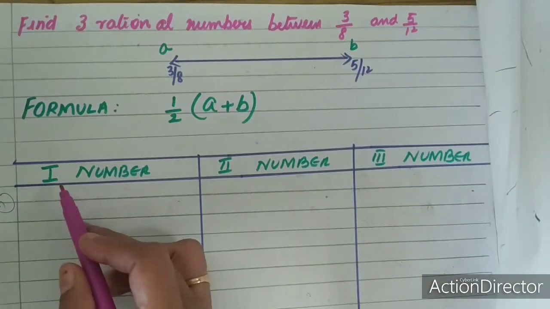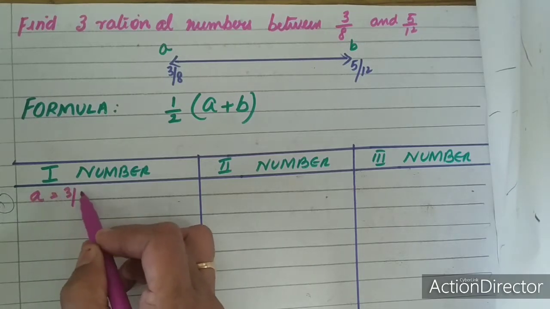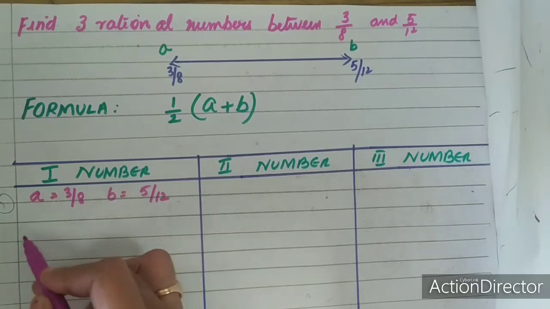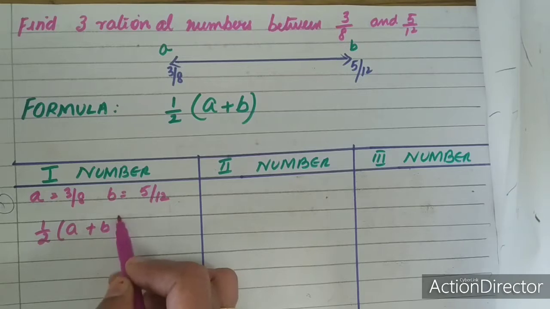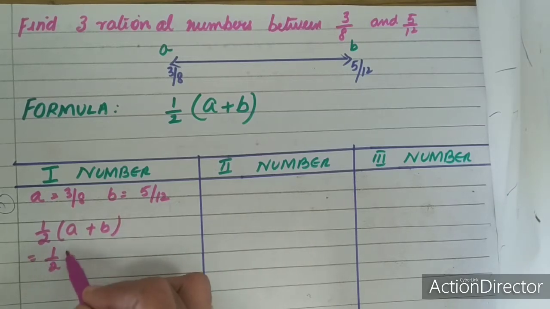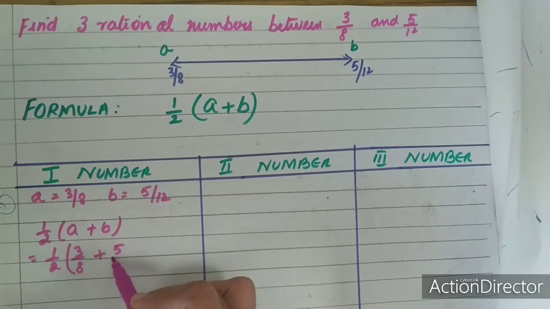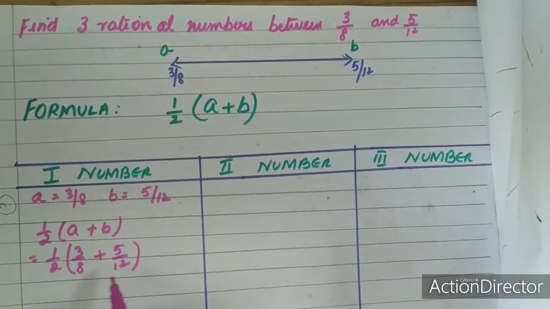So for finding the first number, I am going to take A as 3 upon 8 and B as 5 upon 12. So my formula is half of A plus B. So this is equal to half of, what is A? 3 upon 8 and B is 5 upon 12. Now you take the LCM of 8 and 12.